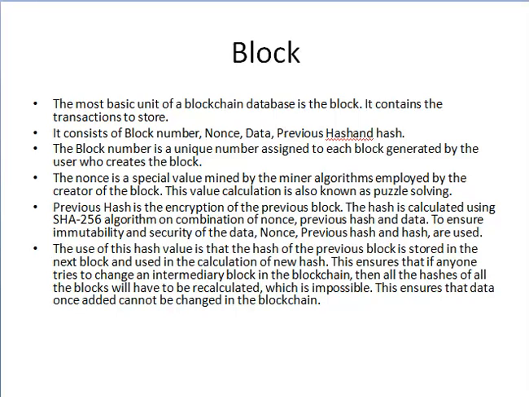So what does this ensure? If you try to modify any of the blocks, the hash is going to get affected, and if the hash is affected, it will have an impact on the whole chain, because the previous hash of all the blocks needs to be updated. So this is what makes it secure and immutable.